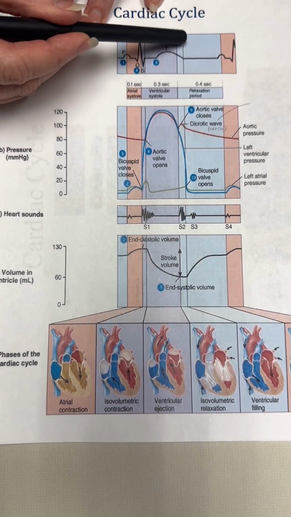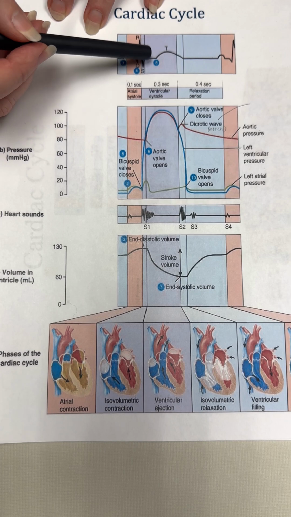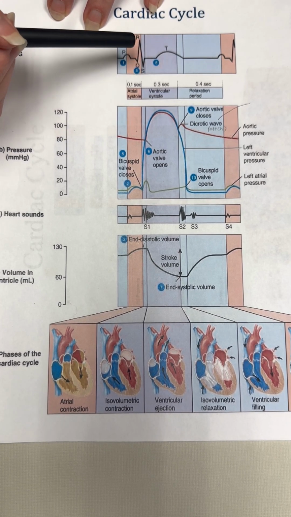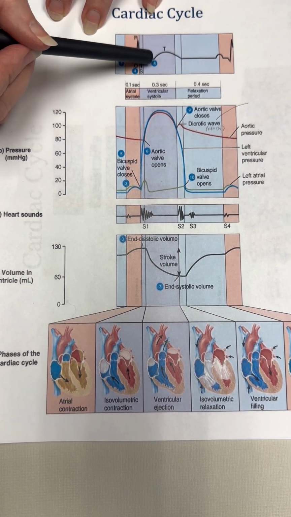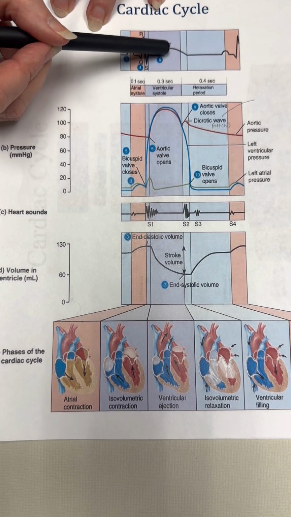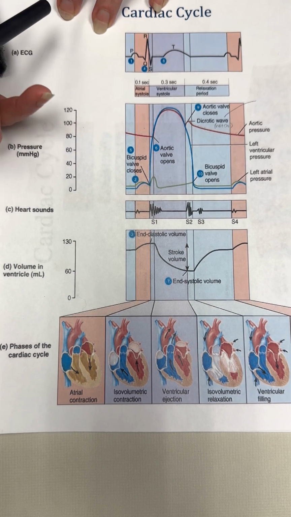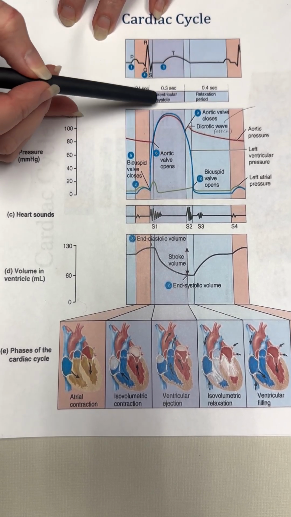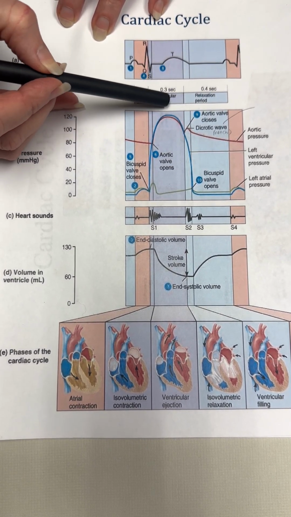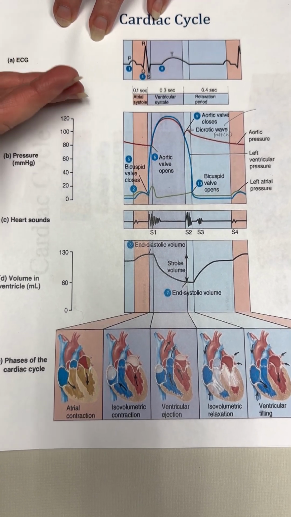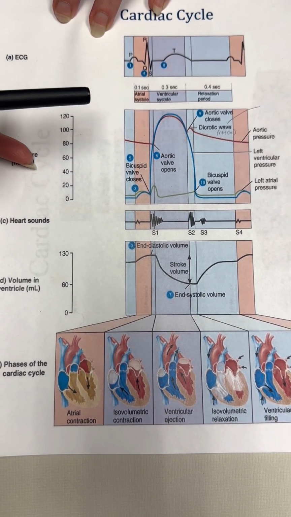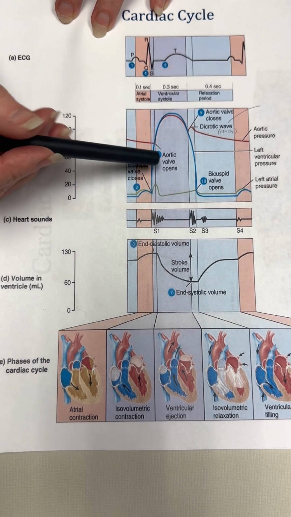If we go up to the next segment, we can see that this is that segment where we have no change in voltage, and then we're going to have the repolarization, the T wave, the repolarization of the ventricles. If we follow this down, we can see that this corresponds with the end of ventricular contraction or ventricular systole.